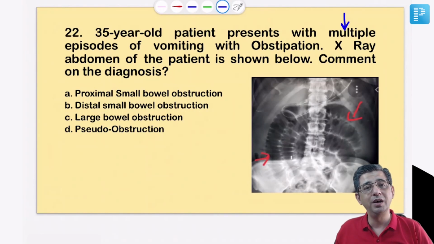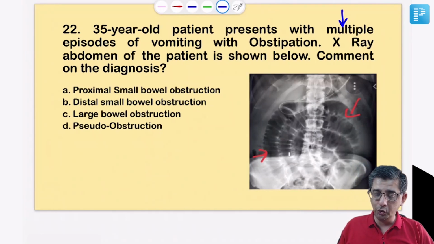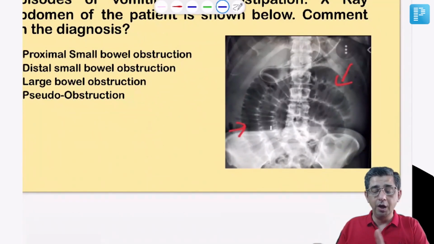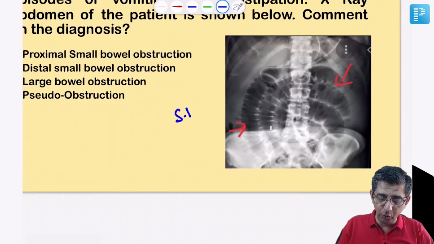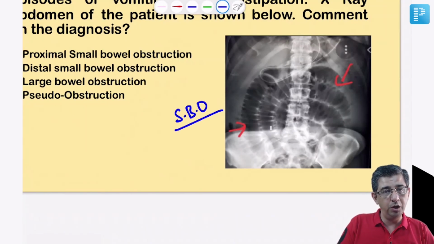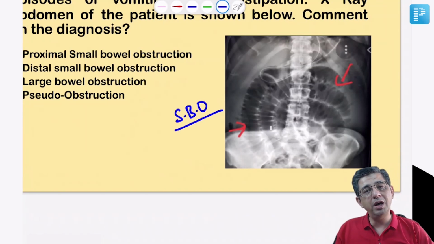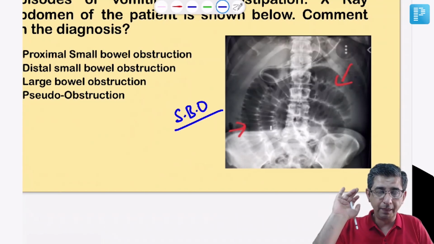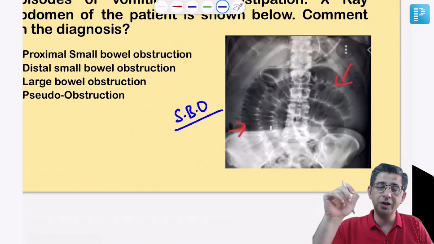So let's resolve it. The X-ray of this patient showed multiple air fluid levels. You can very well see in the central part. So the moment we read that, you can see the jejunal loops in this case, we know it is a small bowel obstruction. Now, should I answer proximal or should I answer distal? A lot of you said, sir, because it was vomiting, I answered proximal.